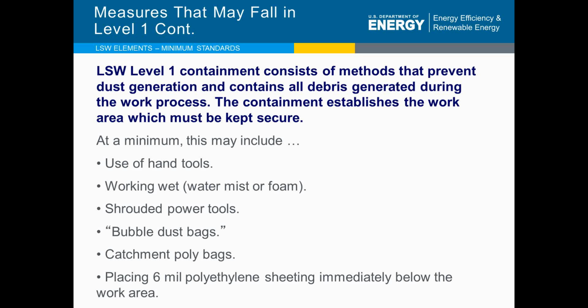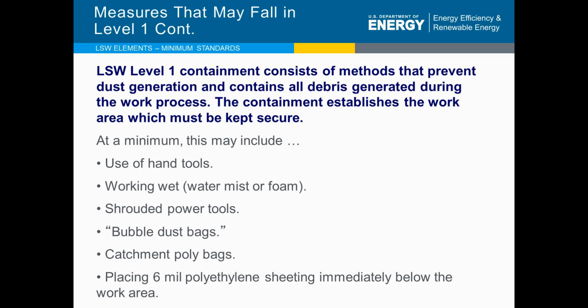So I think the takeaway that I want to leave you with is that it is not all the time the last option that's listed here, placing 6 mil polyethylene sheeting immediately below the work area. But again, every job is different, and the bottom line, it has to be contained as a level 1.